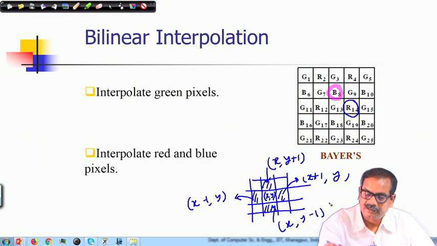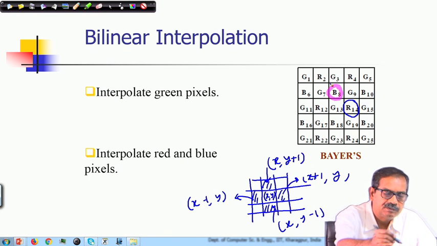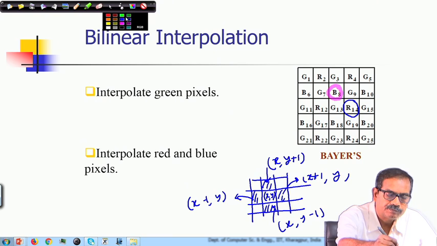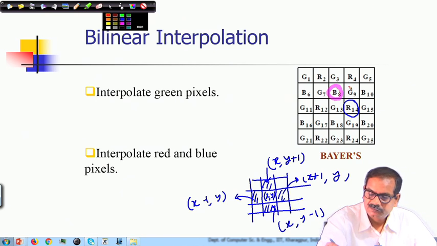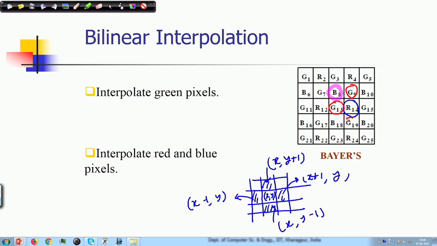If I consider, for example, computation of green at this location, I can see these are the 4 neighbors.